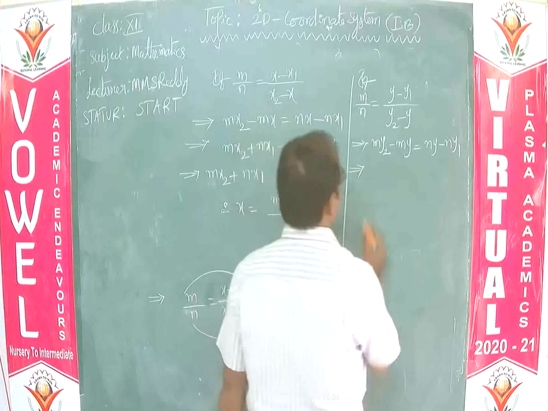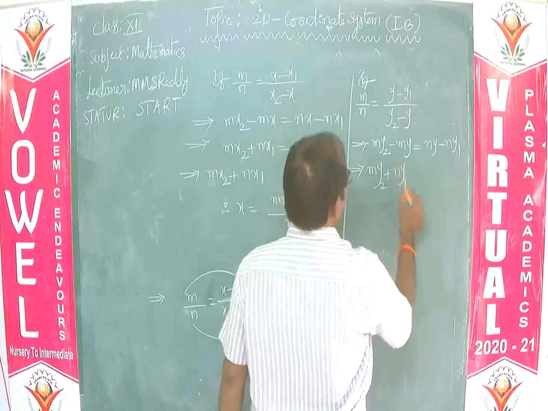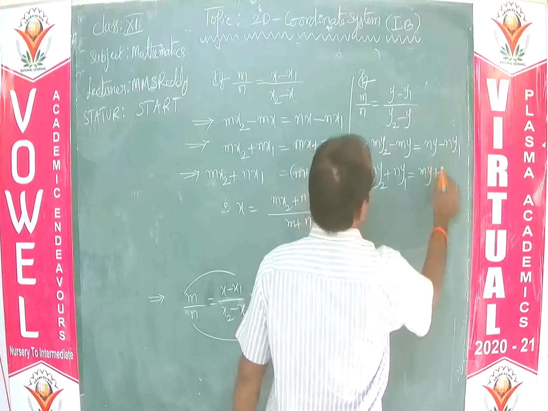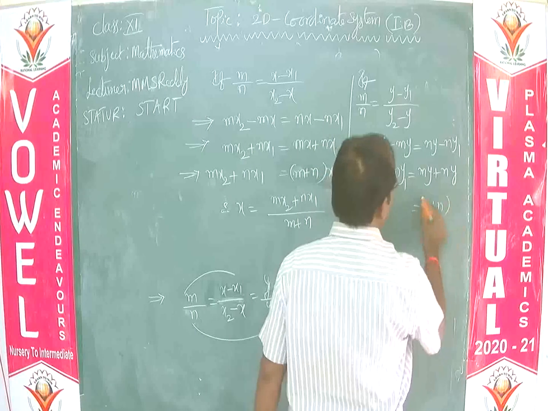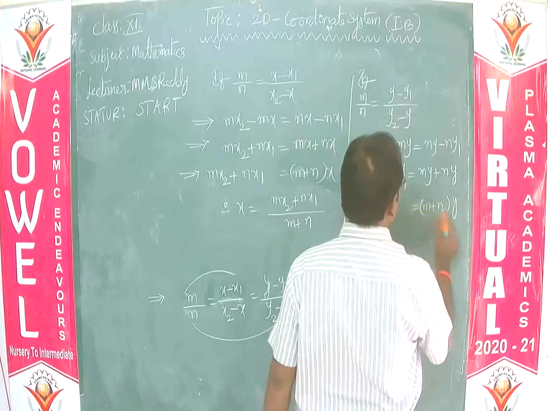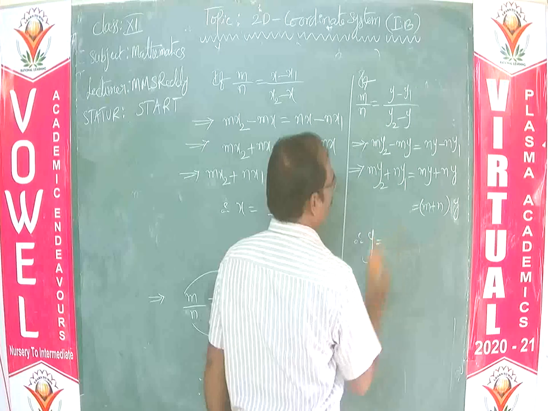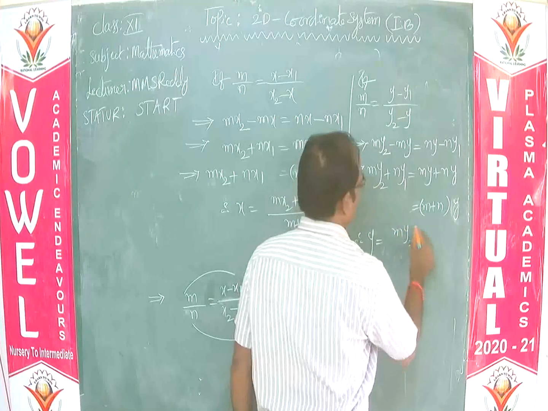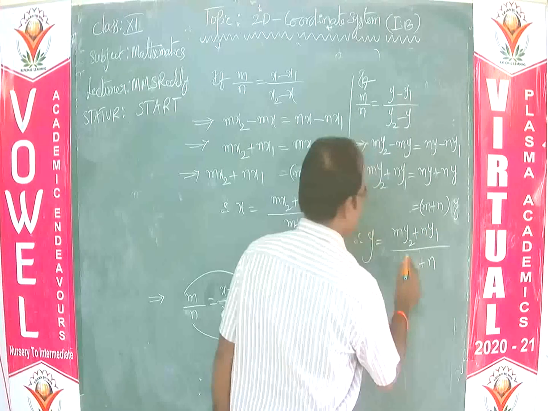So rearranging the terms, we get my2 plus ny1 equal to my plus ny, which is (m plus n) into y. Therefore y is equal to (my2 plus ny1) by (m plus n).